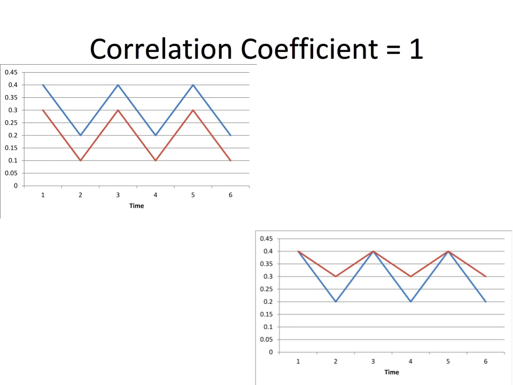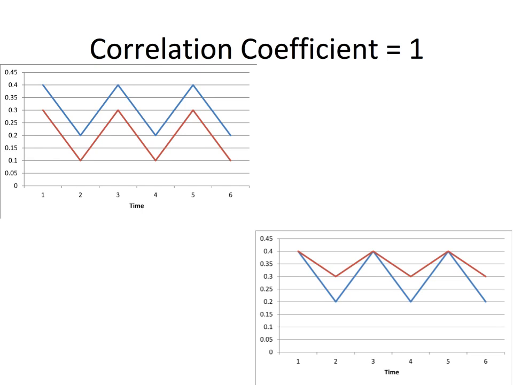Here are two assets that have a correlation coefficient of 1. And let me describe what's going on in these graphs. You have time on the horizontal axis, 1, 2, 3, 4, 5, 6. So each one of these graphs has 6 time periods.